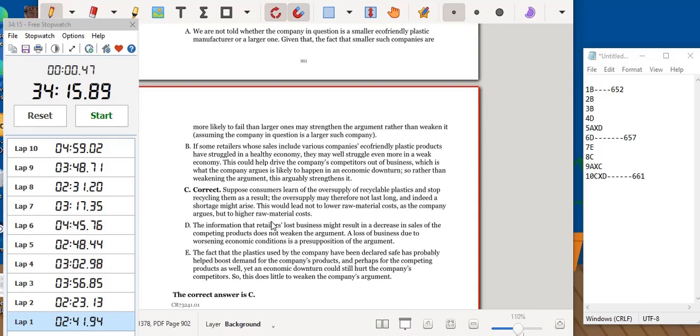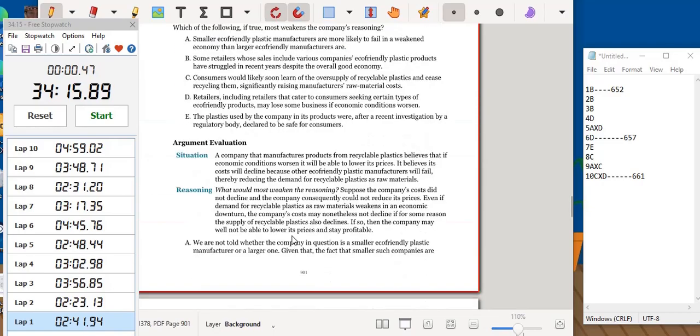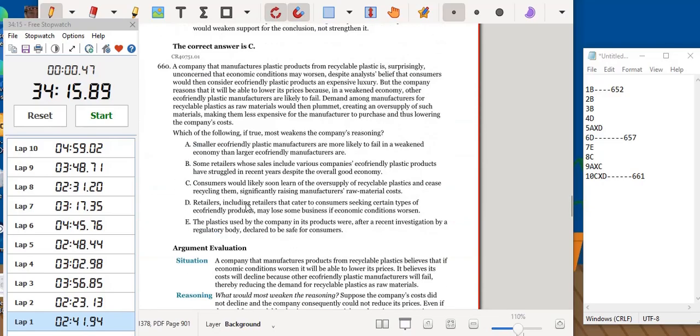Suppose consumers learn of the oversupply of recyclable plastic and stop recycling them. Consumers would likely soon learn of the oversupply of recycled plastic and cease recycling them, significantly raising manufacturers' raw material cost.